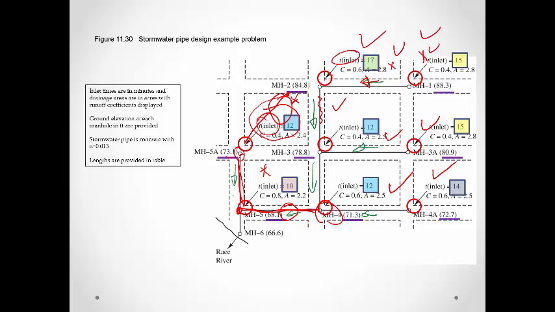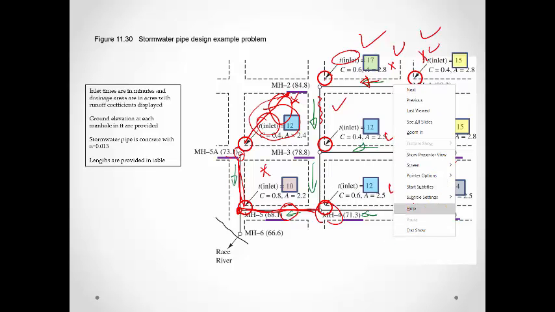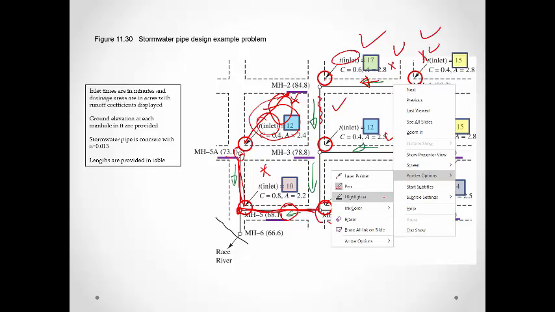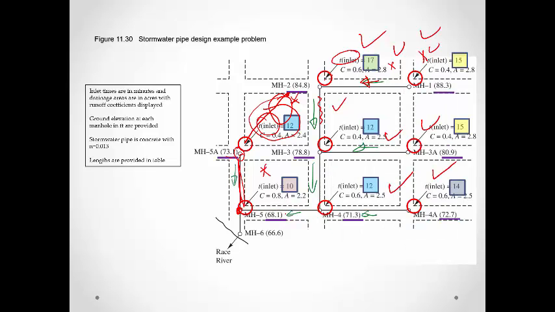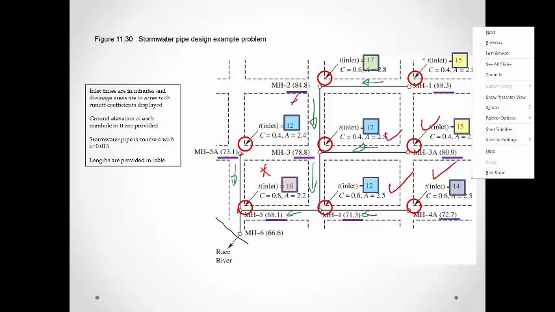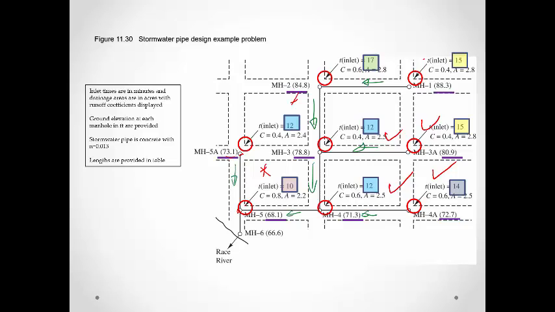So for example, let me delete everything here for one moment so that I can be more specific. So let me delete all of this messy slide. Okay, so whenever you have the time of concentration, you have a time of concentration for that subbasin, right?